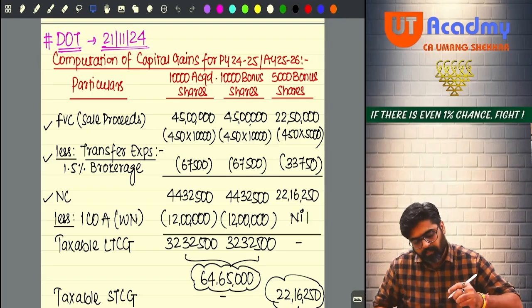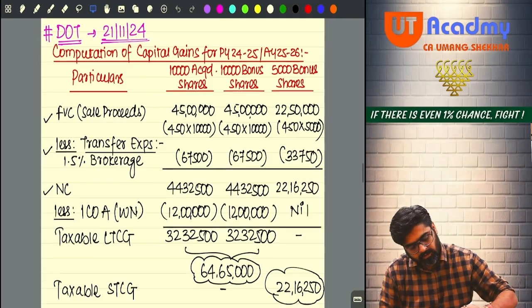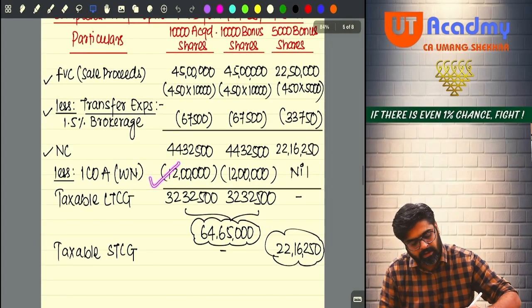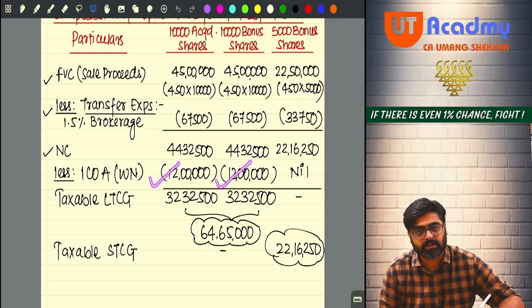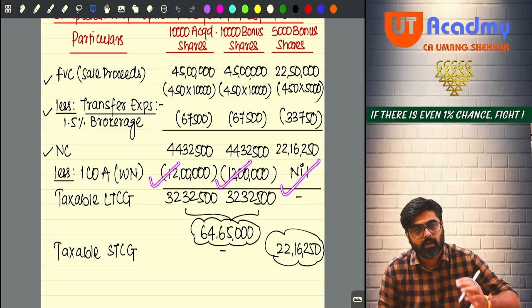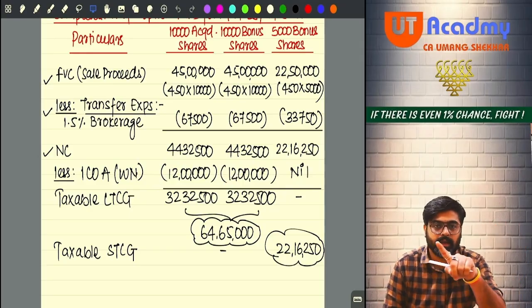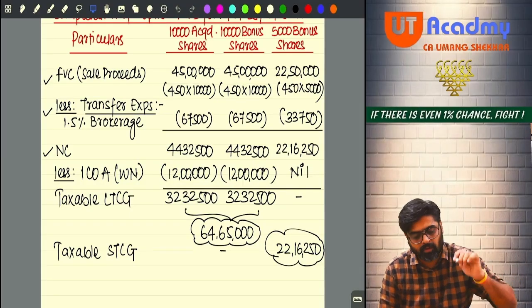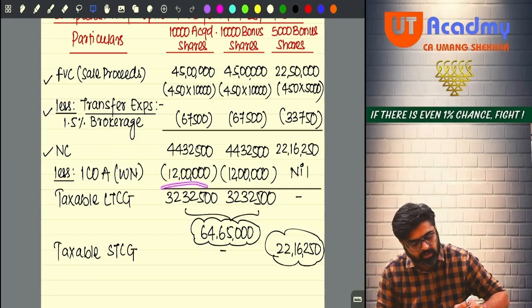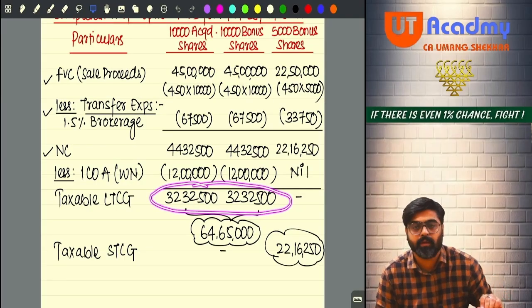Meaning that in the first and second case, what was the cost of acquisition which we determined? 12 lakhs, no? And the last case nil. All of them will remain same. But without any indexation they will be reduced. Now your cost of acquisition is reduced and see how much capital gain is coming.